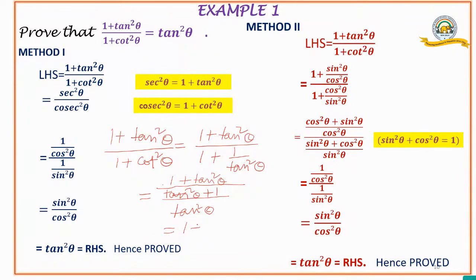So 1 plus tan square theta. So when we have divided, what do we get here? 1 plus tan square theta into this, tan square theta goes up. So as a whole, this cancels off. So I'm left with tan square theta, which is what we had to prove.